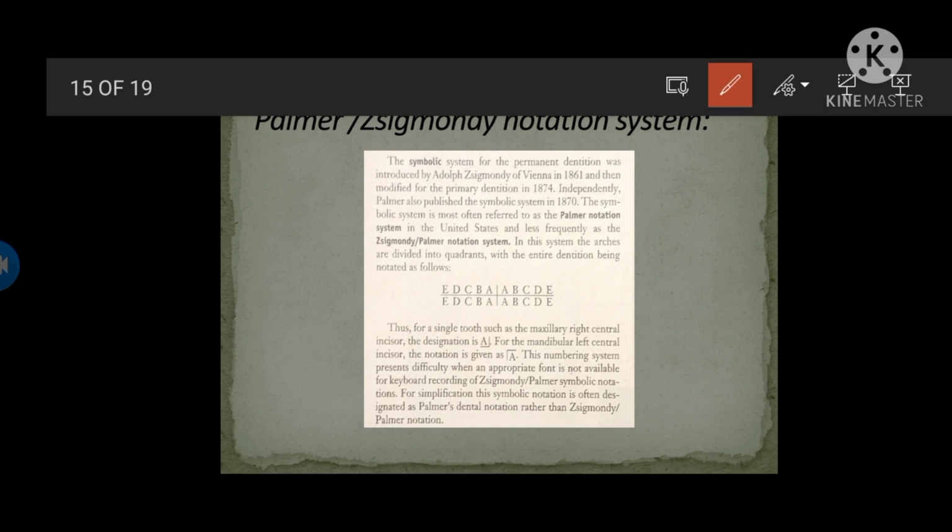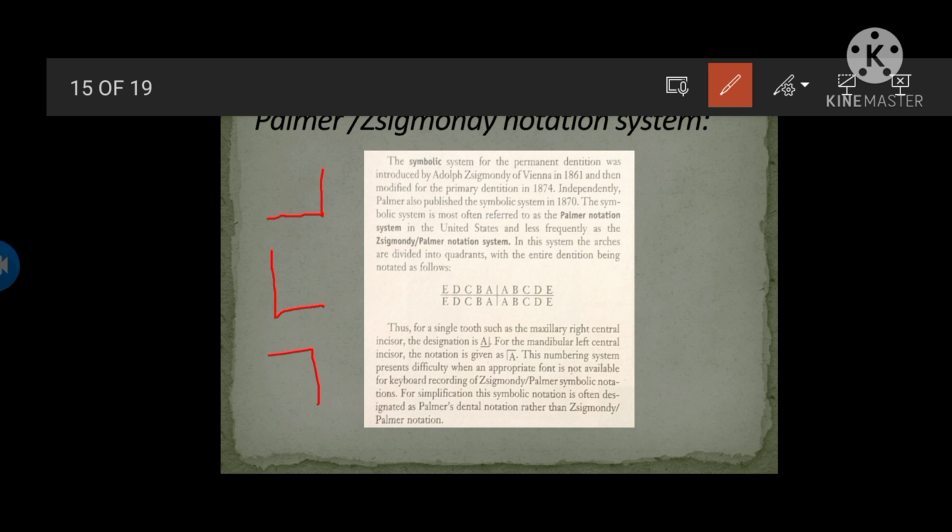For example, if I want to denote the upper right quadrant, I will denote it like this. If I want to denote the upper left quadrant, I would be denoting it like this. And if you have to denote lower right, you will be doing it like this.